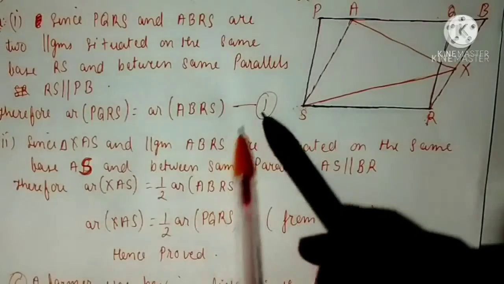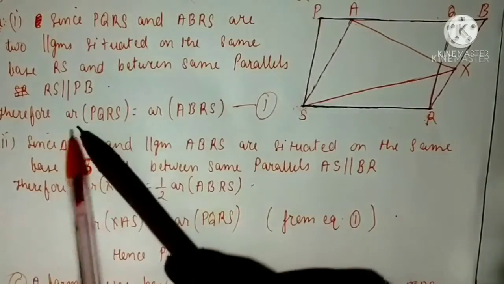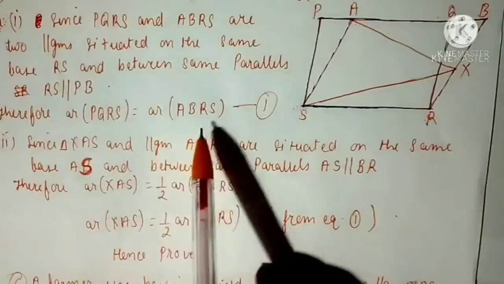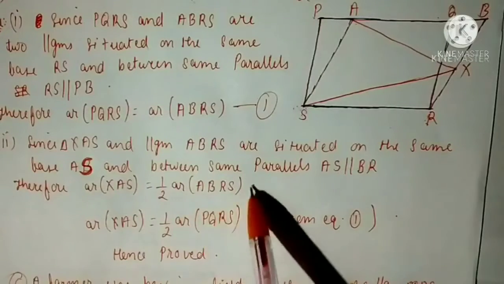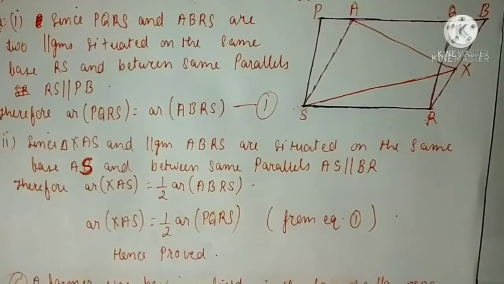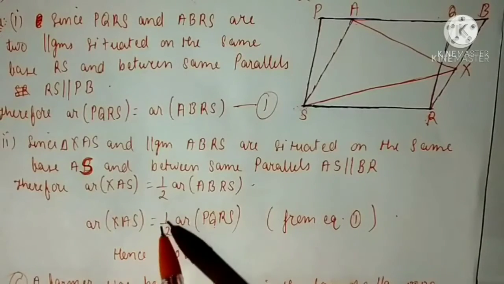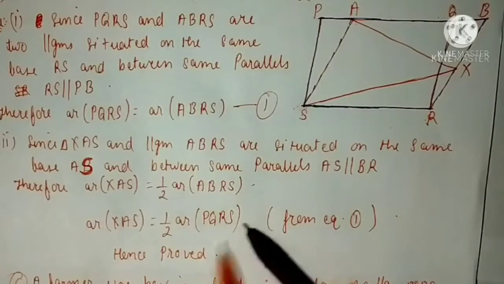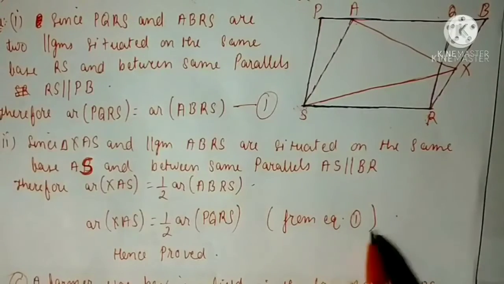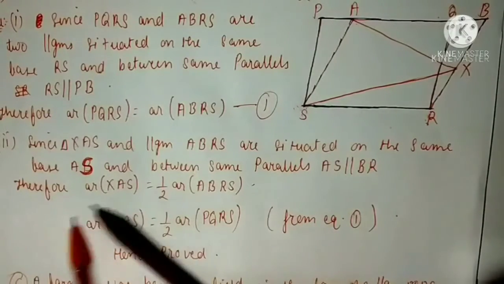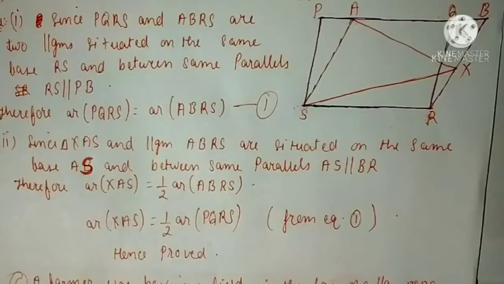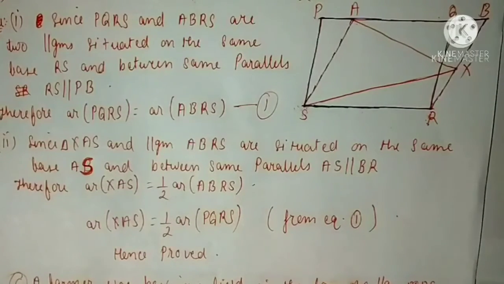Now see equation number 1. Area of PQRS is equal to area of ABRS. So instead of ABRS we can write PQRS. So in the next step we will write area of XAS is equal to half of area of PQRS from equation number 1, and this is what we have to prove in the second part. So we can write hence proved. So we have proved our fifth question also.